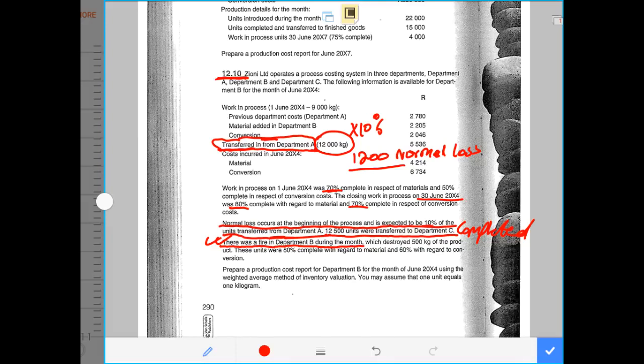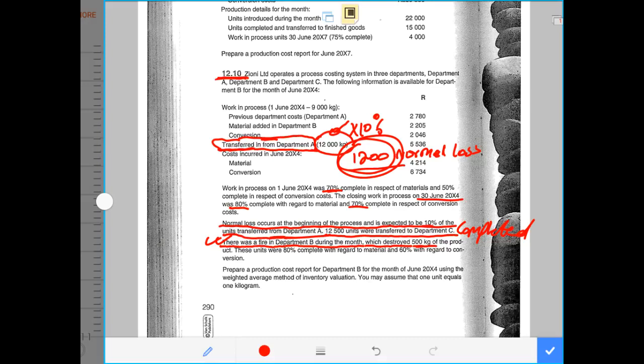is abnormal loss. So they tell us that which damaged or destroyed 500 kgs of the products. So now if 500 kgs were damaged, remember this was unexpected. This was never expected at all, because we only expect that 1,200 units, which is 10% of the units transferred from the previous process, will be the normal loss.